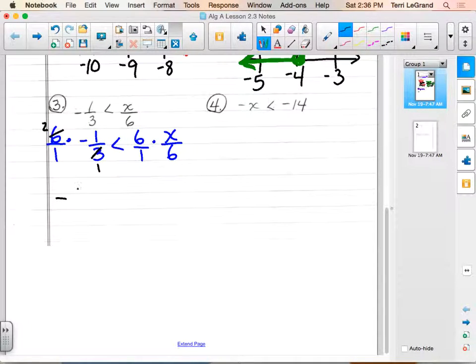So this side became negative 2. Did we multiply by a negative? We multiplied by 6 over 1. 6 over 1 is positive, so we do not need to reverse the inequality symbol. And now these 6's cancel out on the right side, so we have just our x. So there's our solution. Negative 2 is less than x.